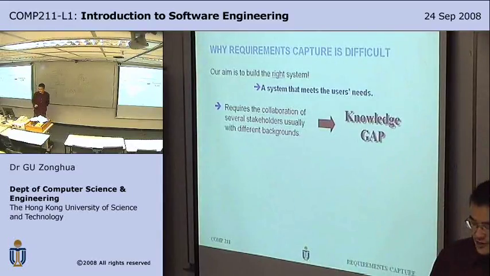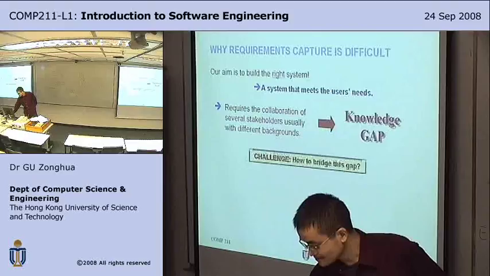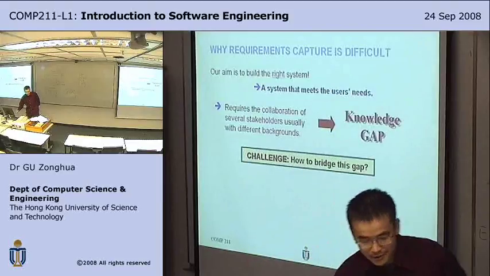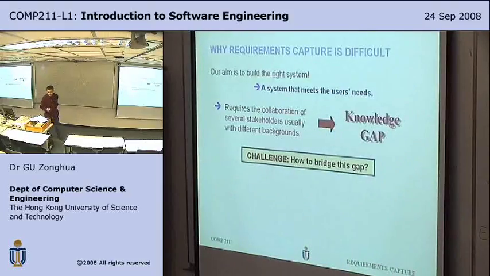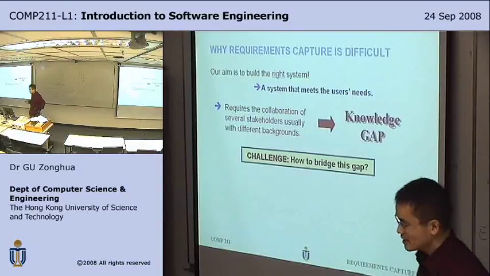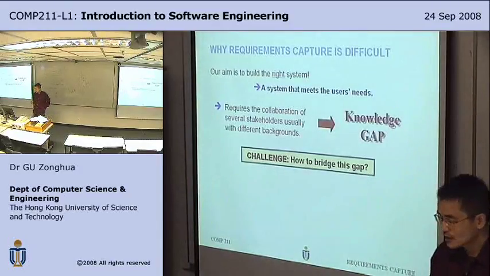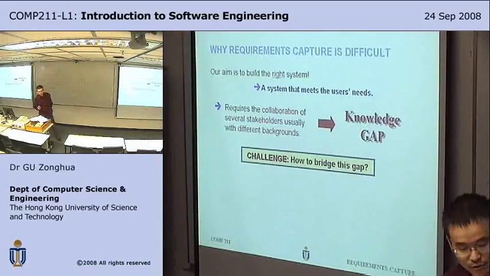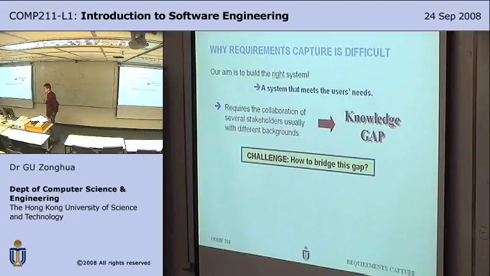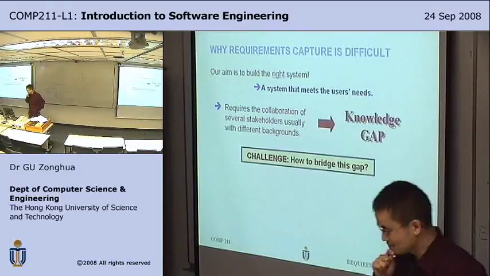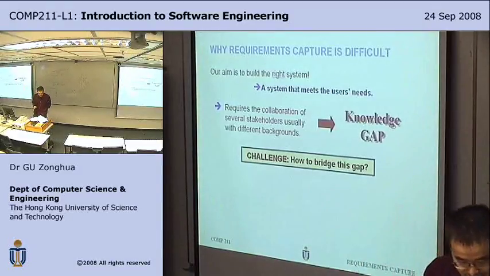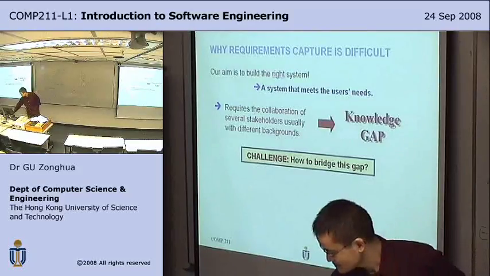So there's often a knowledge gap. That is, there are some things that you know that the clients don't know, and some things the clients know that you don't know. So there's knowledge gap. Clients are experts in the application domain, and you are the expert in computers, in programming. So the challenge is how to bridge the gap.